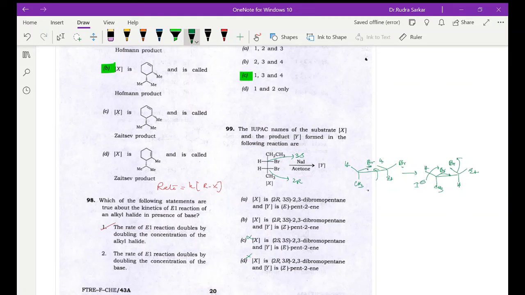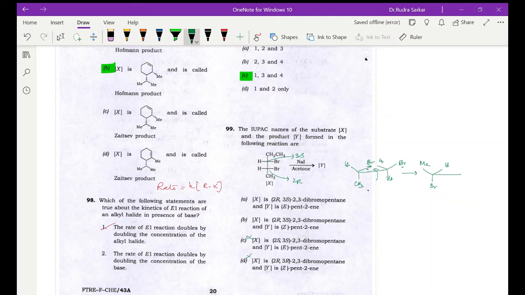So instead of doing it this way, let's do it in a more standard way. We take the Br down like this. If I take the Br down, my CH3 or Me goes over here, and my hydrogen comes over here. So this is how it is.